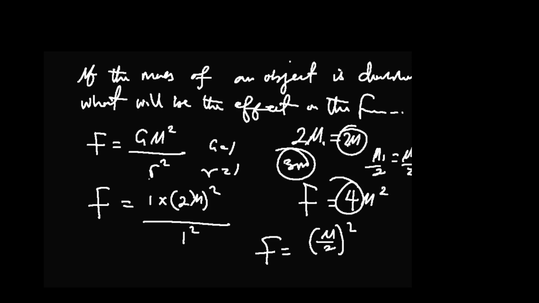You know, g will be 1, r squared will also be 1. Are you getting it now? That means F value will now be m squared all over 4. And that simply means that the force decreased by how many? Decrease by 4. So when you reduce the mass by 2, the force is going to reduce by 4.